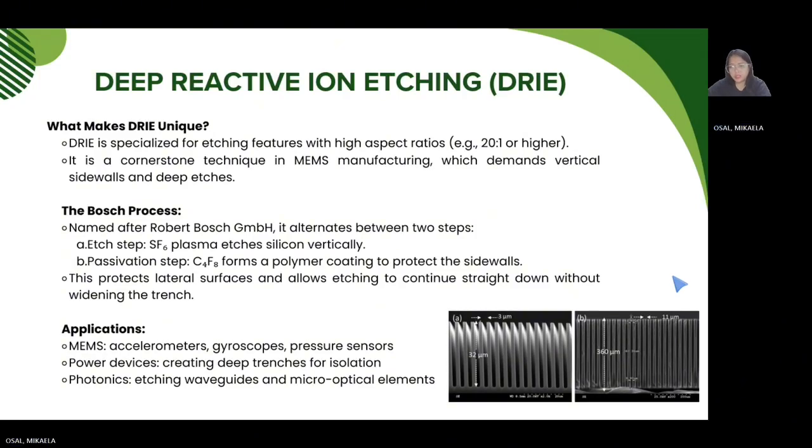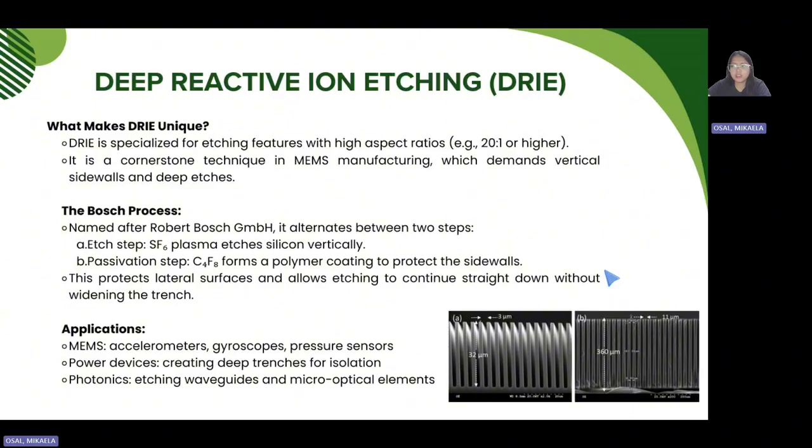sidewalls. The Bosch process is a key method used in DRIE, named after Robert Bosch. It alternates between two steps. First is the etch step. SF6 plasma etches silicon vertically, removing material at a high rate.